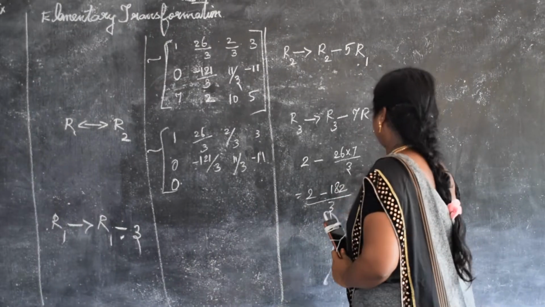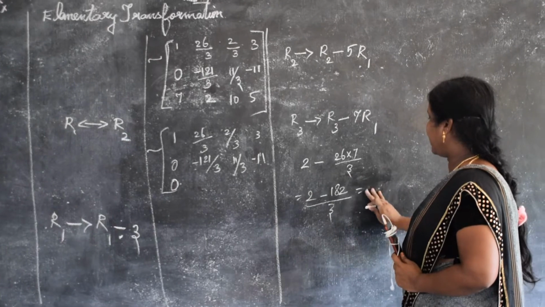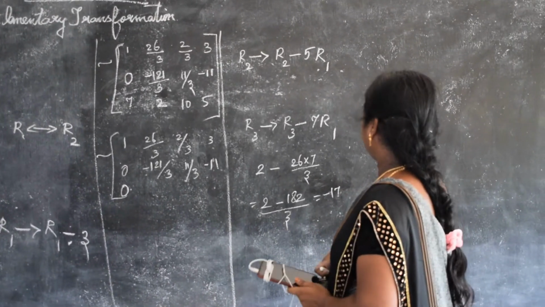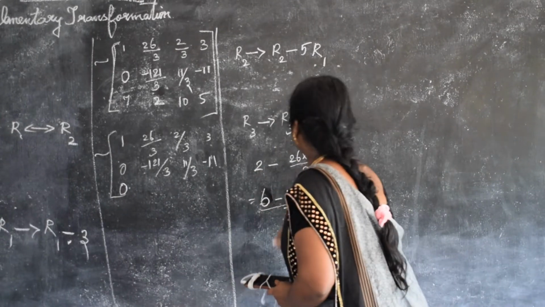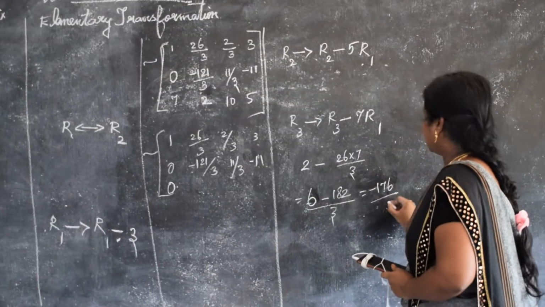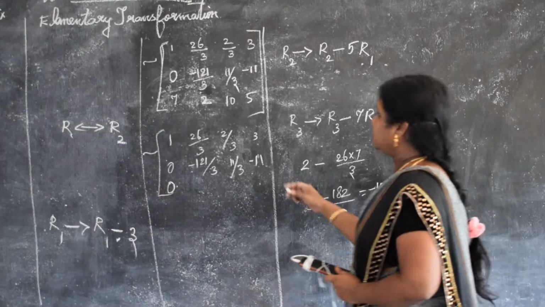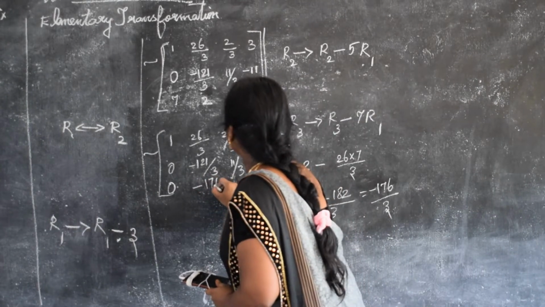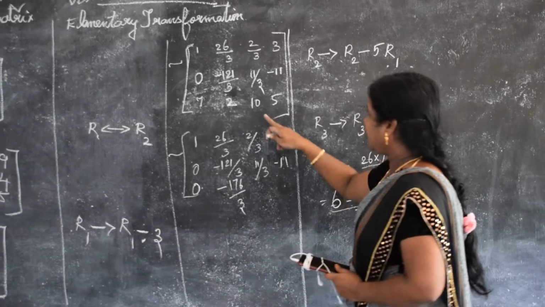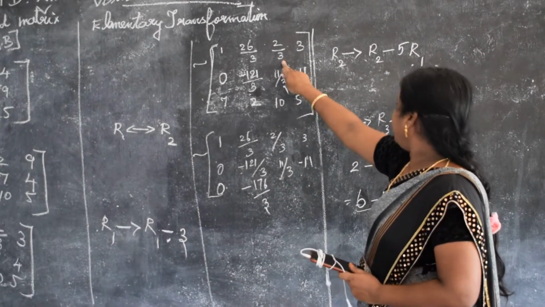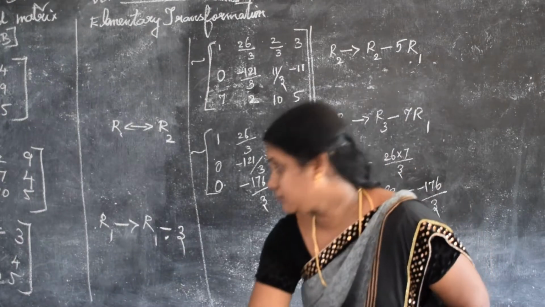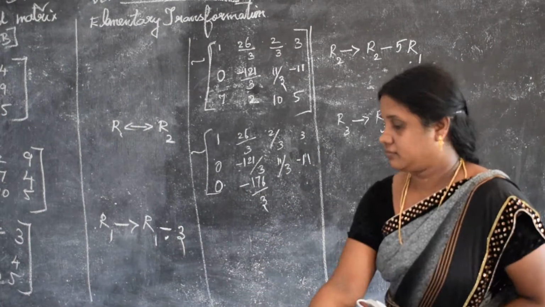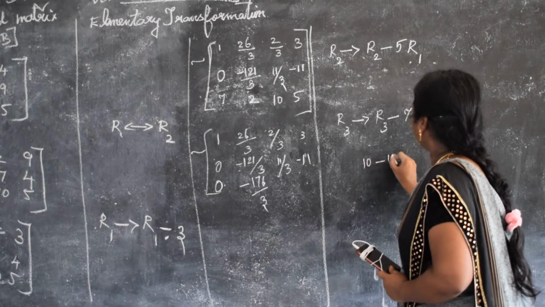So our answer is minus 176 by 3. Now you subtract this: 10 minus, here you multiply, 7 twos are 14, so minus 14 by 3.